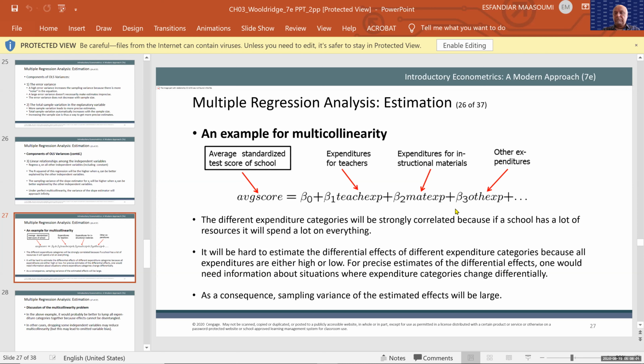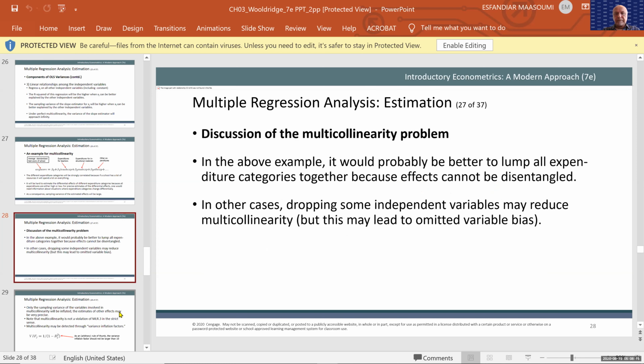You could combine them into total expenditure. You get a more precise estimate of the impact of expenditure, but you can't tell what the details are. You could drop some independent variables, the insignificant ones. How you do that has statistical implications, and we'll learn some means of analyzing that and trying to make good decisions with that.